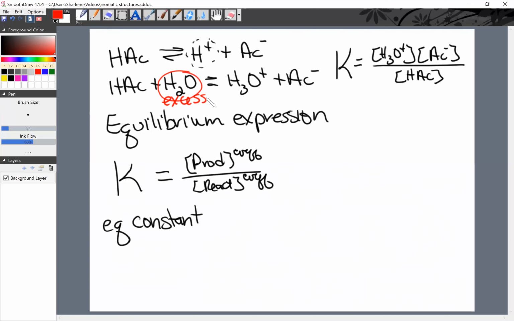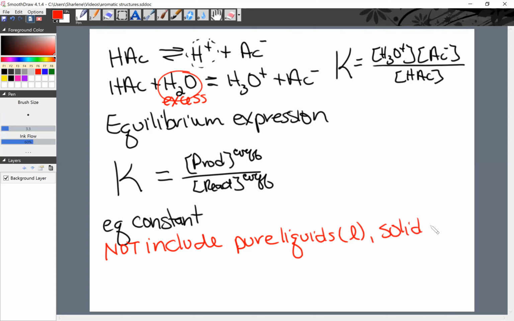So you are not going to include pure liquids, which will always have the phase label L. You're not going to include solids, because if there's a solid as part of your equilibrium equation, that means there's a whole chunk of solid. And then water, unless it's gaseous.